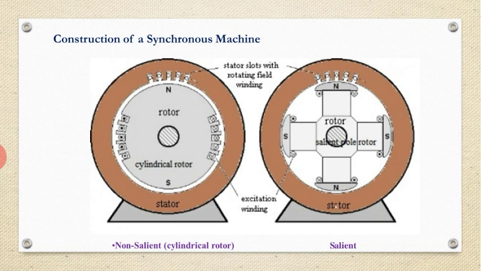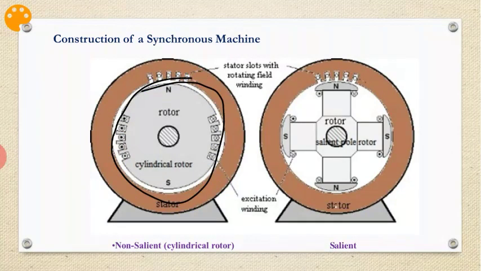Okay. Let us overview the construction. Here the construction has a rotor, non-salient and salient. This is a non-salient cylindrical rotor because it is cylindrical. This is a salient pole. Here the stator slots with rotating field winding.